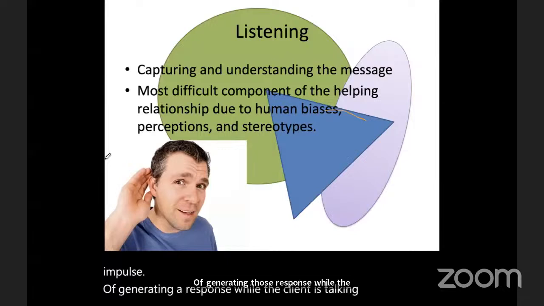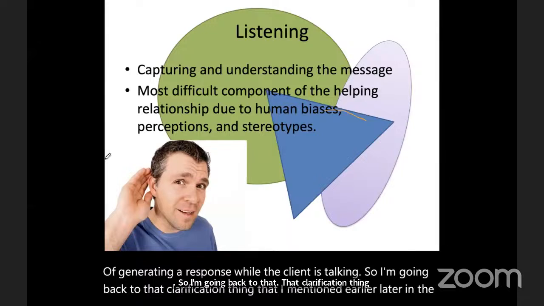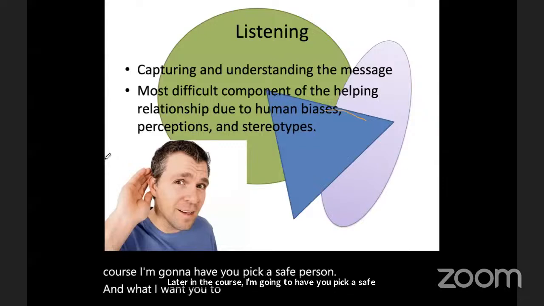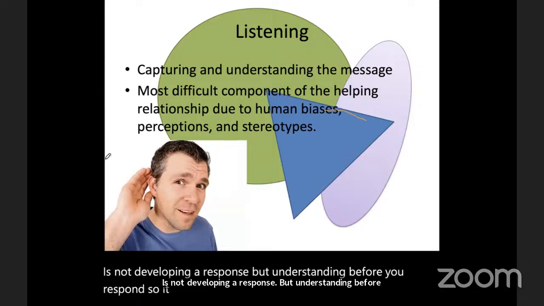So I'm going back to that clarification thing that I mentioned earlier. Later in the course, I'm going to have you pick a safe person. And what I want you to practice is not developing a response, but understanding before you respond. So it should go something like this.